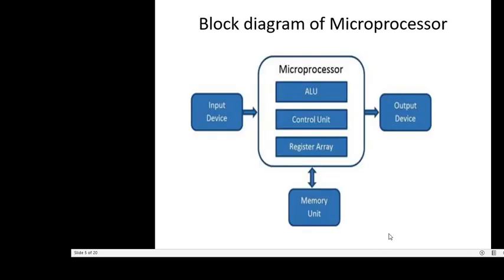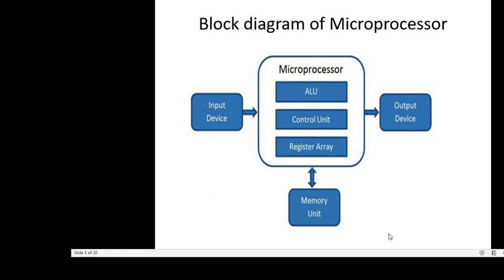This is a simple block diagram of the microprocessor, in which we can see the input device, output device, memory unit and the CPU part, which is called the microprocessor part. Inside that we have three important things: the ALU, the arithmetic and logic unit, then the control unit, and then the register array.